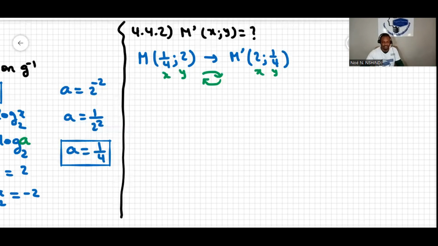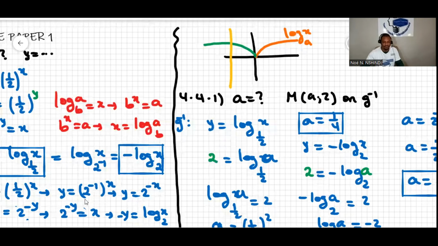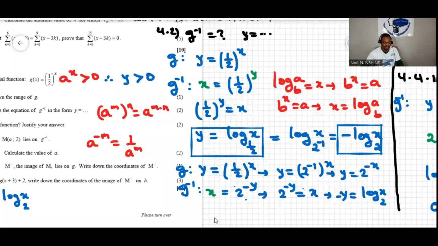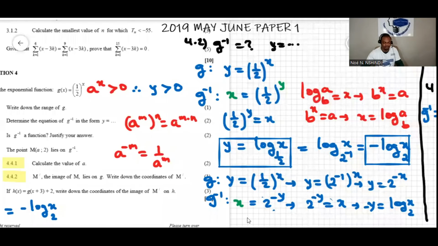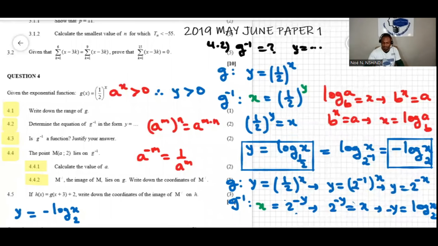Next question is question 4.5. Question 4.5 says if h of x equal to g of x plus 3 plus 2, write down the coordinates of the image of M on H. I'm gonna move my board like this.